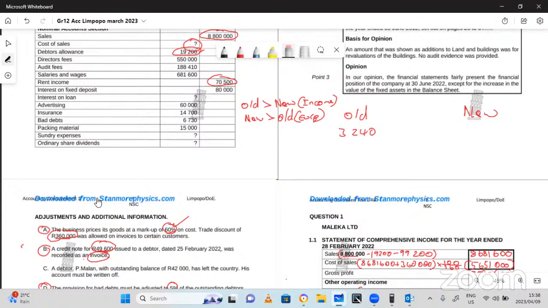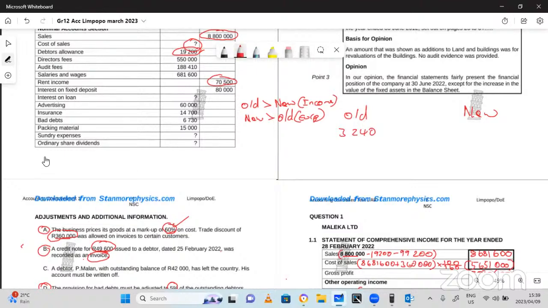So now how do you determine that? In other words, we have to calculate first for the trade debtors. Not someone that is owing us because they didn't pay rent, but specifically the people that are owing us because they have bought stock on credit. So that's a trade debtor. So how do you get the trade debtor?